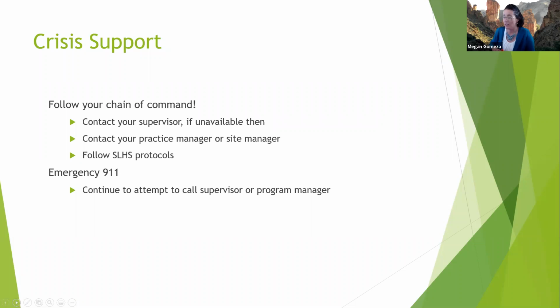Crisis support: you are never working alone, okay? You are never working alone. You should use your chain of command, and you're very lucky because Tori is your immediate commander. If you talk to her, and she's unavailable, you need to know what her backup plan is for you, okay?